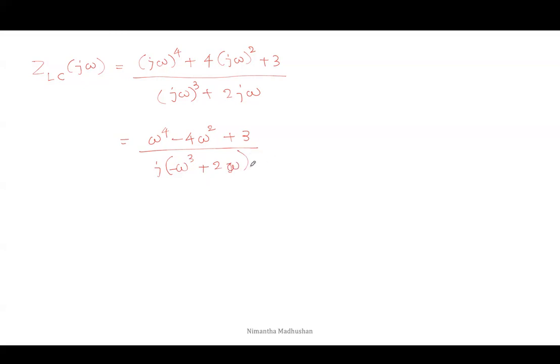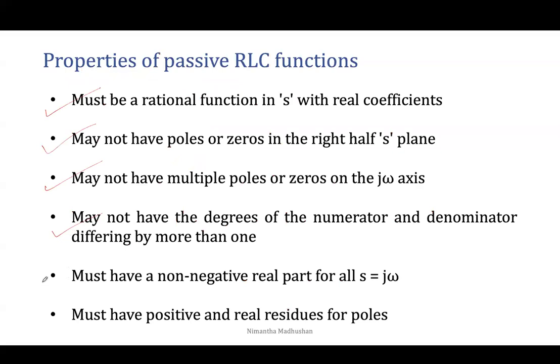You can see this denominator is imaginary, then the real part of the Z_LC of j omega function is equal to 0. Then this one is also satisfied. It is non-negative.